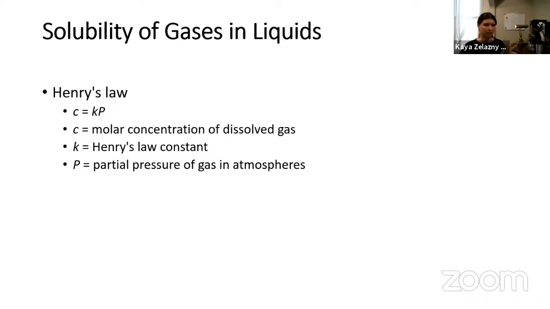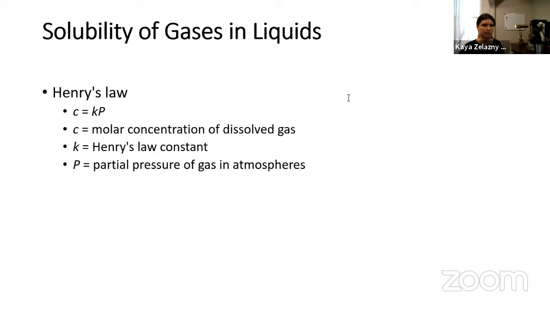So it's a constant, but it's specific to our situation and the specific gas we're tracking. Then P here is the partial pressure of the gas in the atmosphere. I'm going to do a rearrangement of this equation because I don't like to have random equations that we don't know why we care about.